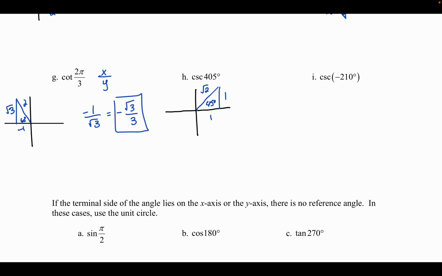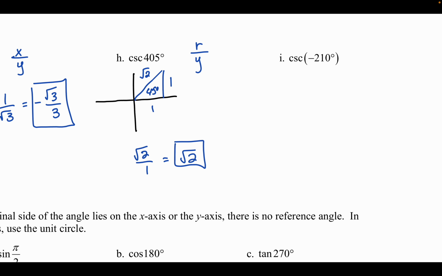All right, and then our last one for this, we've got a negative angle. So we are going to do -210. So -180 would be to the other side of the x-axis, and then we are going to go 30 more degrees. So that's 30.